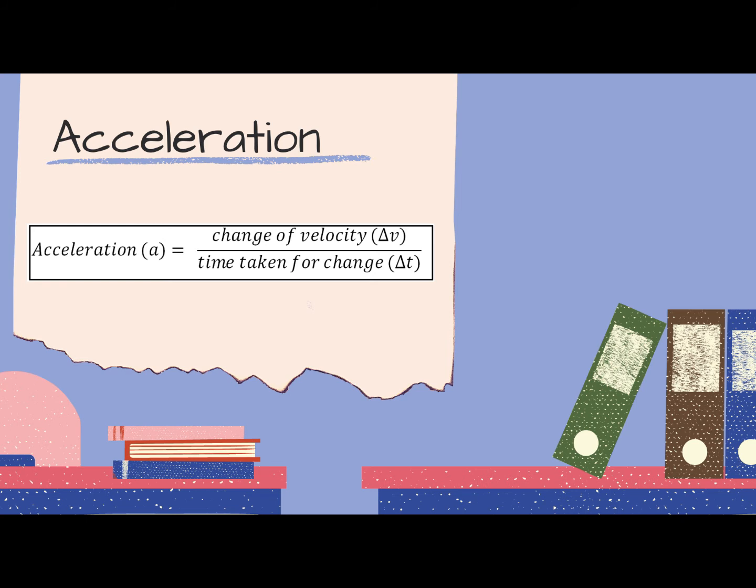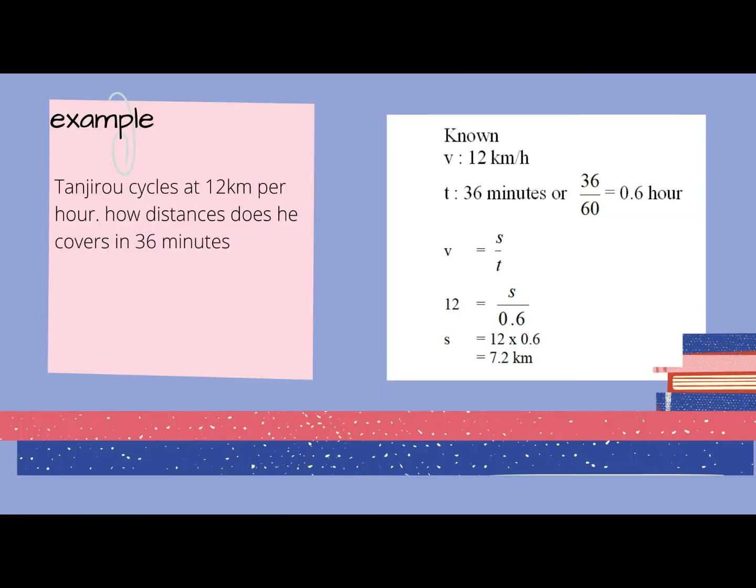Okay, next is an example question. First, Tanjiro cycles at 12 km per hour. How much distance does he cover in 36 minutes? First, write down the known: V is 12 km per hour, T is 36 minutes, or you can change the minutes to hours by 36 over 60.